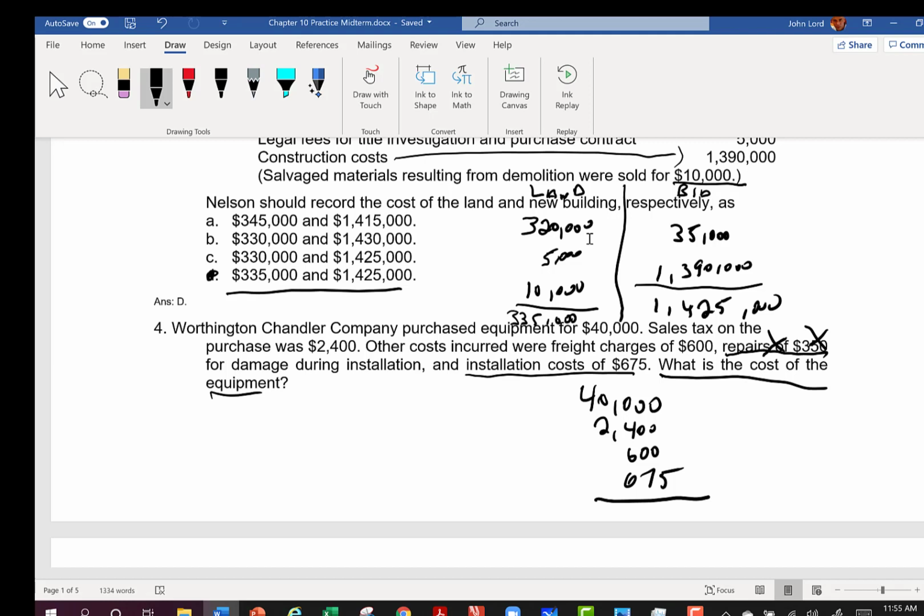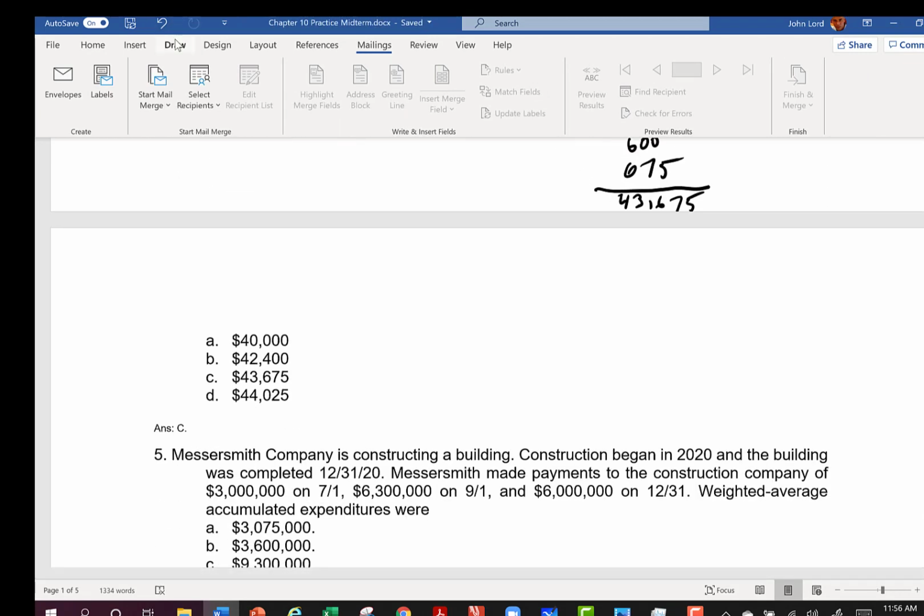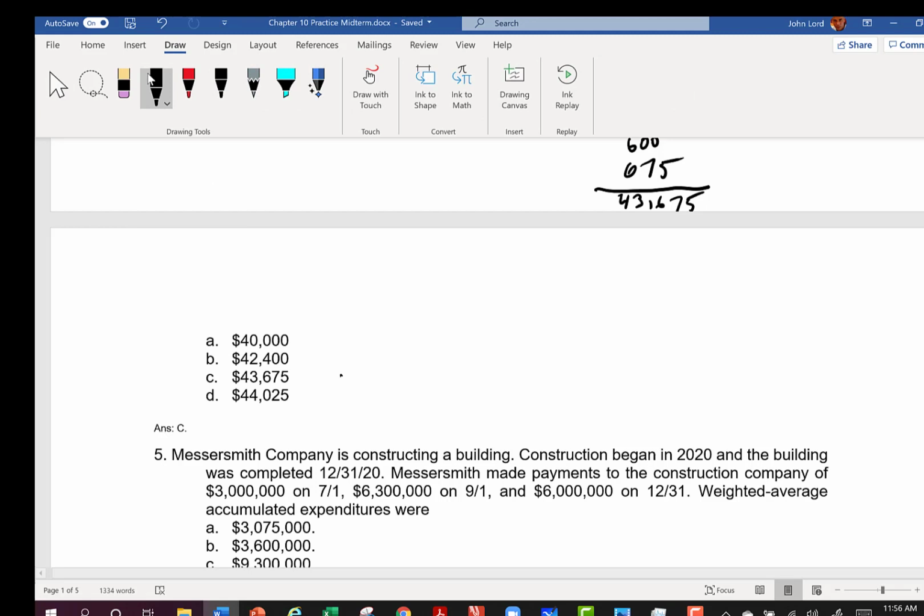Plus 600 plus the 675, and we ignore that annoying thing there of the repairs during the construction, and that's going to give us 43,675. Going over to where the answers are revealed on the next page is going to give us option C here. Okay. All right, good.